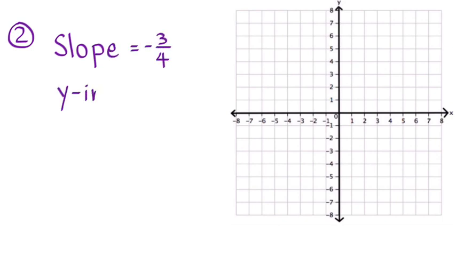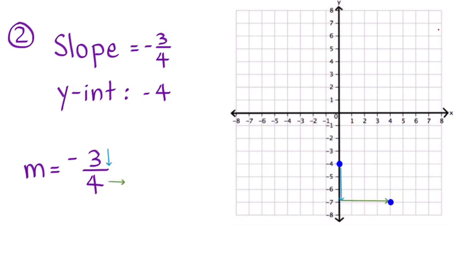Let's try it again. If I'm given the slope of -3/4 and a y-intercept of -4, I find on the y-axis -4, and then I do my slope. Now I have to apply my negative to either 3 or 4. If I do it this way, it's going to go down 3 and over a +4, right?